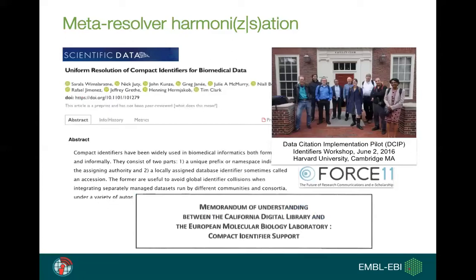And we also have an MOU between CDL and EBI for providing ongoing support for this work. And this was actually started as part of the FORCE11 identifiers working group. So it has been very productive from that end.